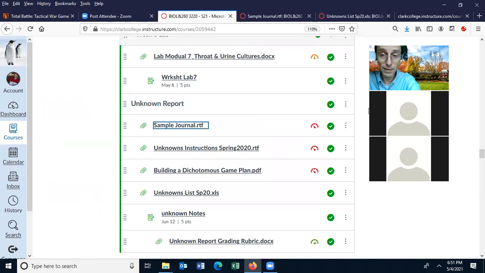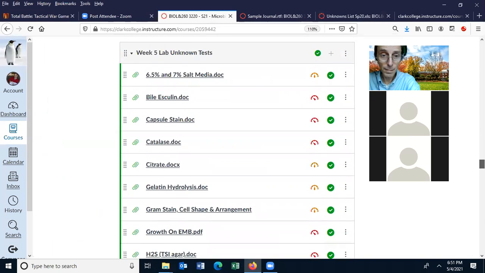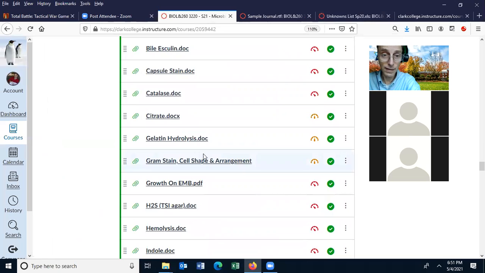When you ask for it, I will incubate it. Like you're asking for the gelatin hydrolysis test, take a look how long it takes. This one runs for a week before you get the results. And after a week of incubation, I will send you the results. You have to make your interpretations, the conclusions, from those results.